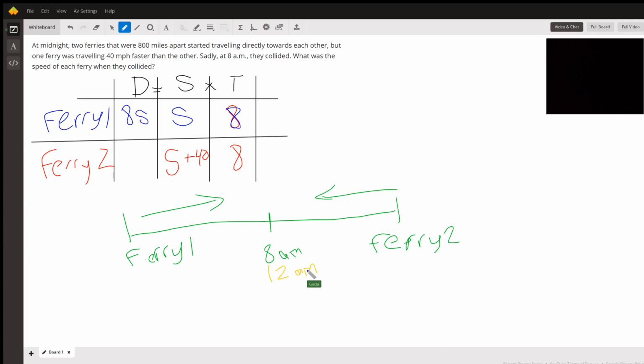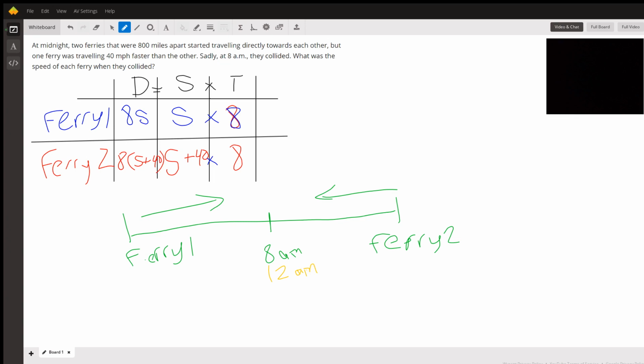We never want to put anything other than whatever the multiplication of these two will be. For ferry number 2, it's going to be the speed times the time, which is 8 times S plus 40. That's what we're going to put in for distance there.